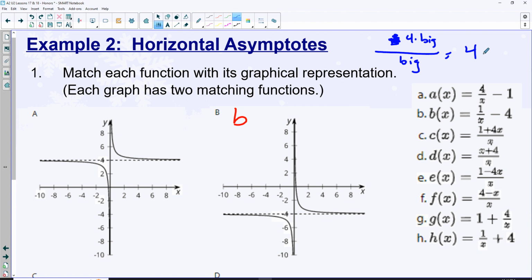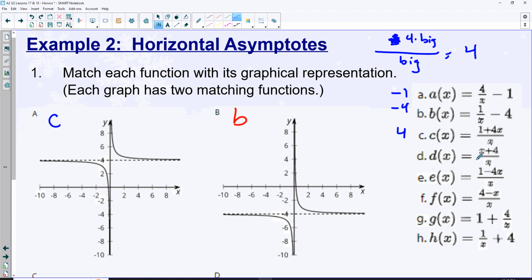So this one has a horizontal asymptote at 4. So, hey, guess what? -1, that had a -1. This one, the asymptote was -4. This one was a 4. And looks like you got a 4 here.